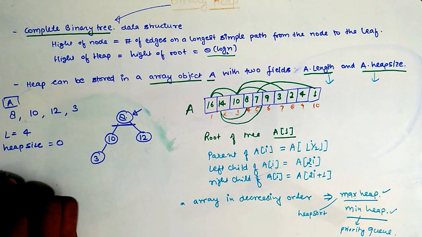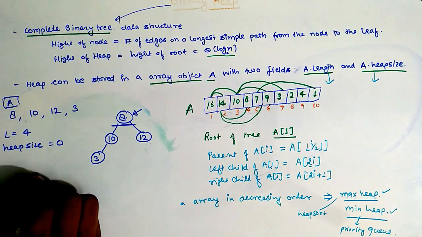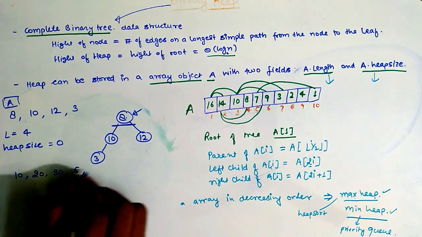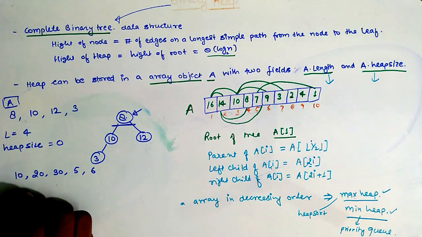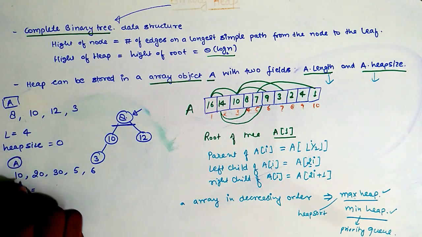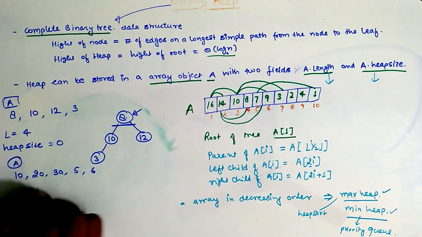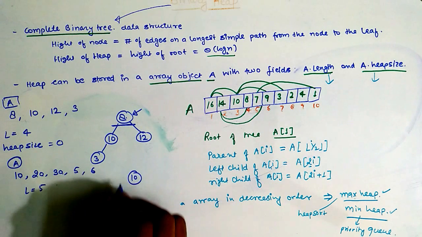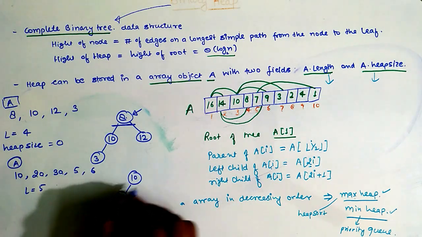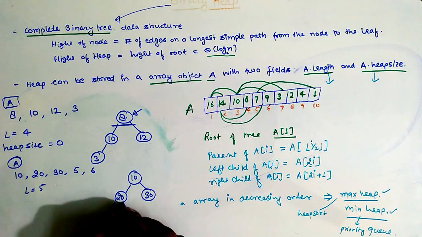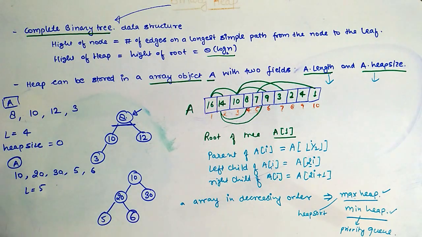Let's take another example. Suppose we have 10, 20, 30, 5, 6. Here the length of the array A is the number of elements: 1, 2, 3, 4, 5. So we have 5 elements. Let's draw the tree. 20 will be inserted here, 30 here, then we insert 5, then 6.